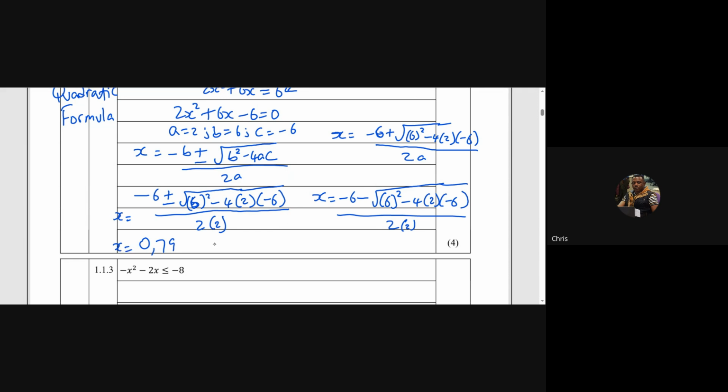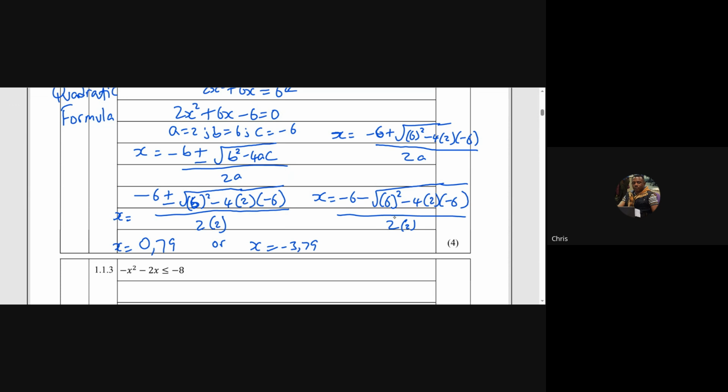X equals to 0.79, or x equals to, if I use the one for negative, what I'm going to get is x equals to negative 3.79.